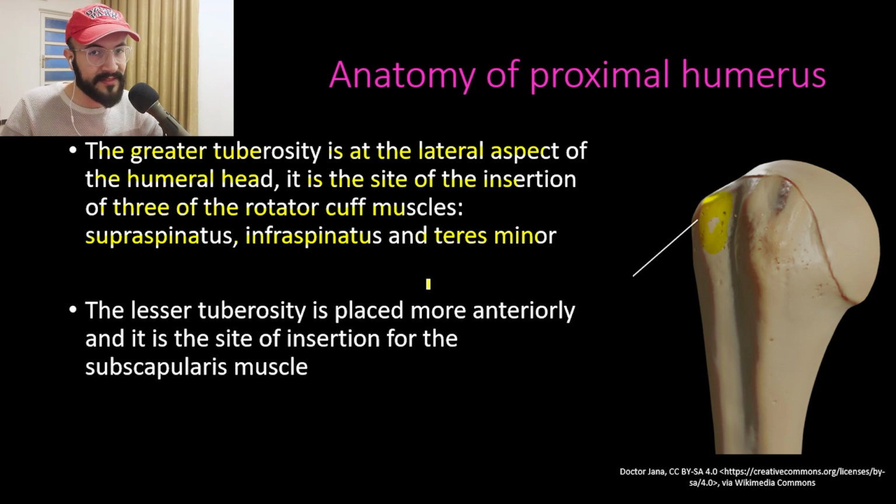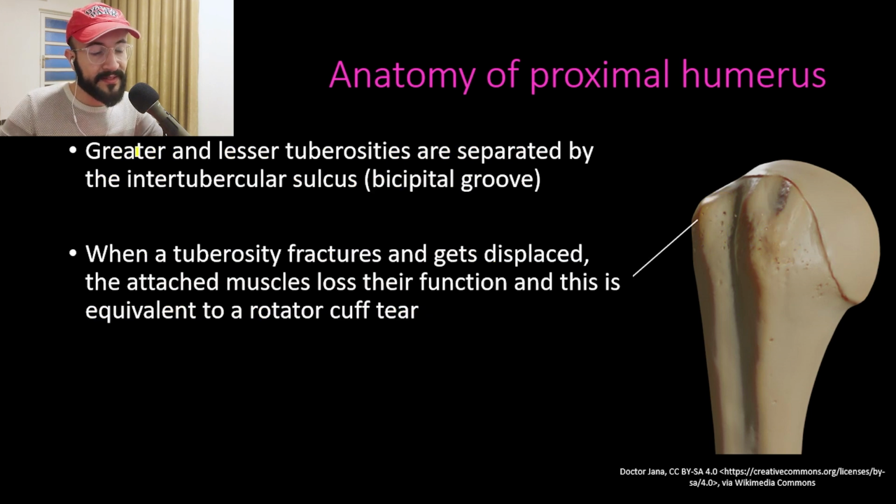Medial to the greater tuberosity, we have the lesser tuberosity, which is placed more anteriorly and is the site of insertion for the 4th rotator cuff muscle, the subscapularis.